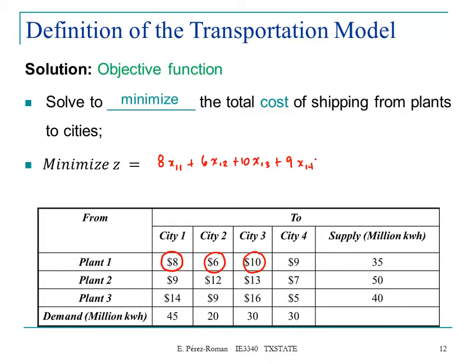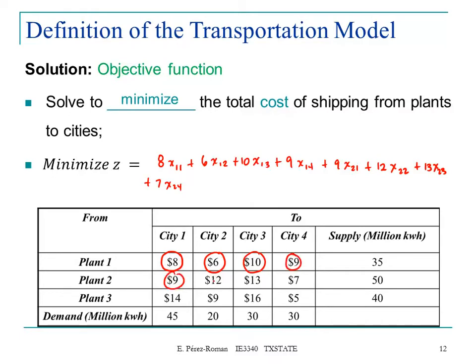Now you have to do the same for plant 2. So you have plus 9 x21, you go from plant 2 to city number 1. Then plus 12 x22 and plus 13 x23 plus 7 x24.